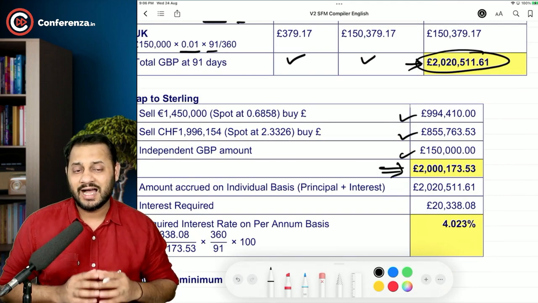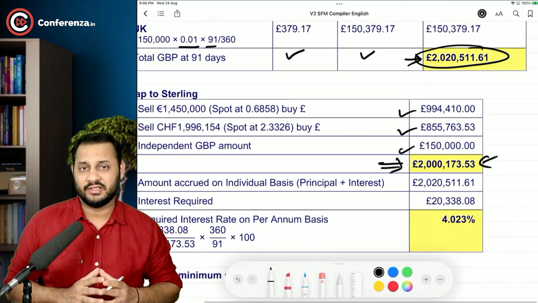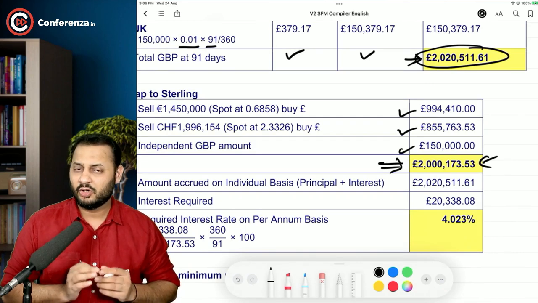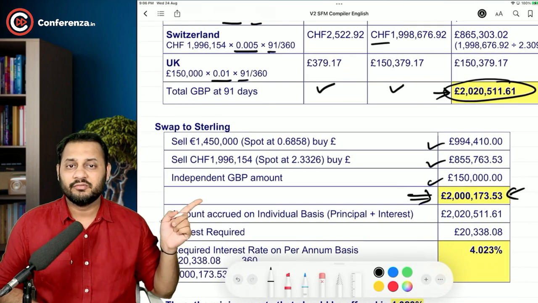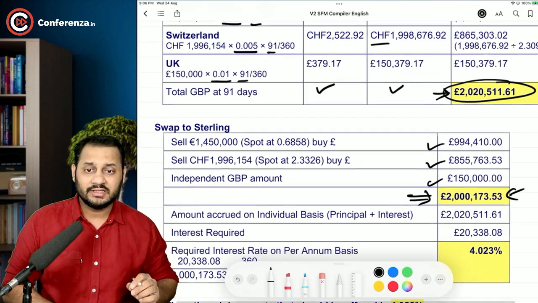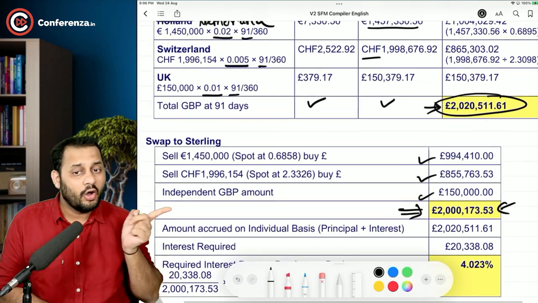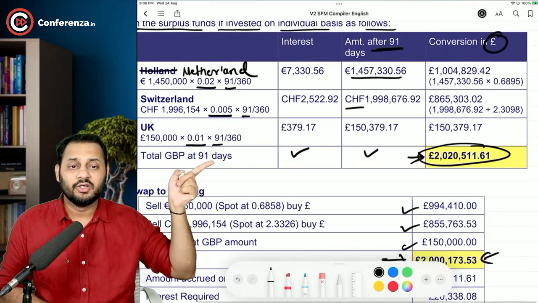Now the question is how much interest we should receive on this for 91 days, the minimum return. Obviously, the minimum return that we should receive on this investment should be so much that at least at the end of 91 days, the total along with the interest is equal to this much.